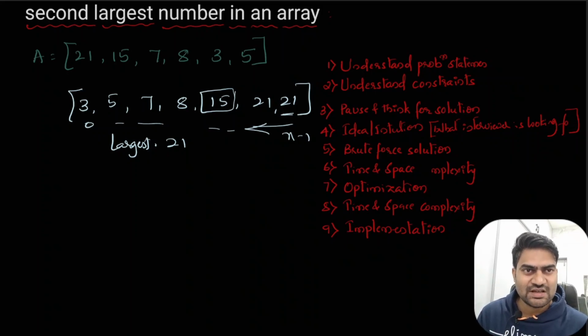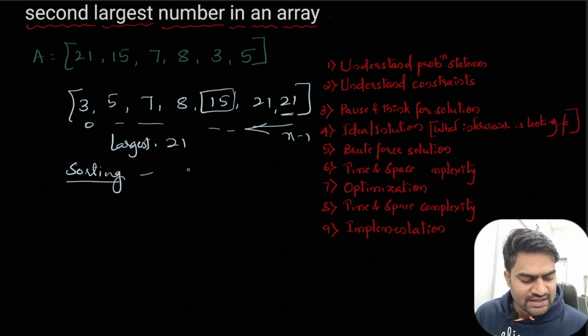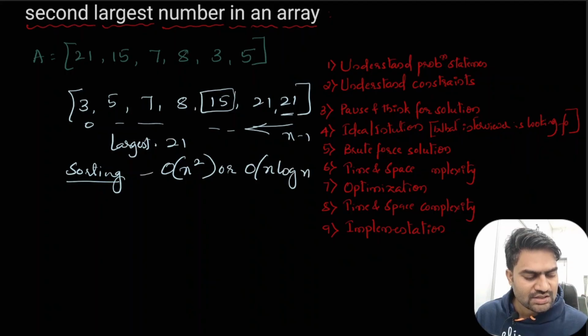This is the extreme naive way. Here we are sorting. Sorting can take order n square or order n log n based on which sorting algorithm we use. Let's assume we use the most optimal one and sort with n log n time complexity.